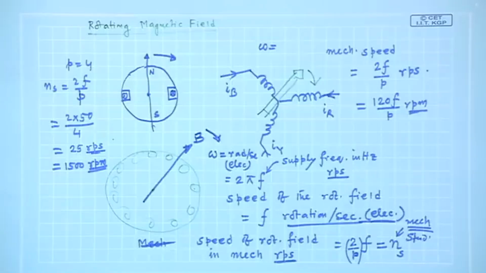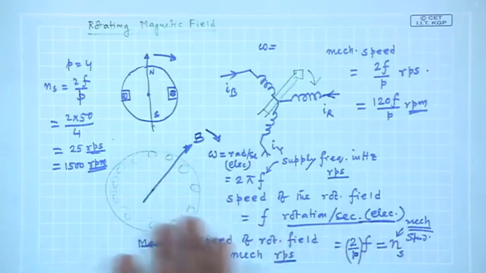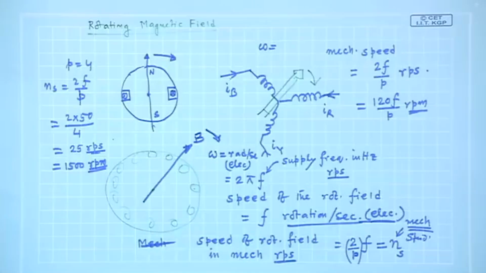So, when we talk about something moving or rotating, as I told you, two things are important: the direction, which we know, and the magnitude of the speed, that is 1500 RPM or whatever it is. Another important thing we must follow here. Suppose we say the speed of a car is 60 kilometer per hour. We of course don't go on telling that it is with respect to a stationary observer.